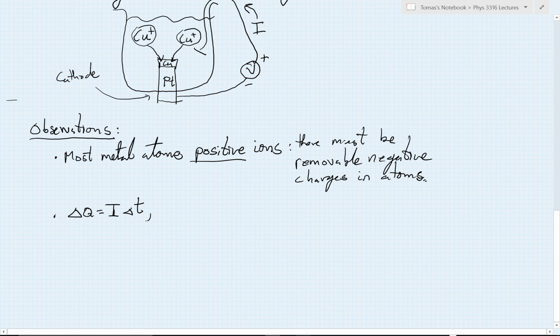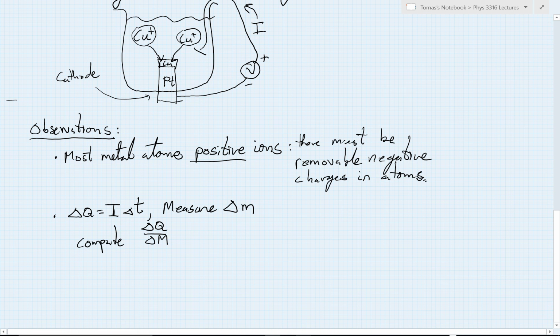And then we can measure how much the mass changes on the electrode before and after the experiment. Combining those two, we can compute the charge to mass ratio of these atoms, because we now know there are atoms coming down.